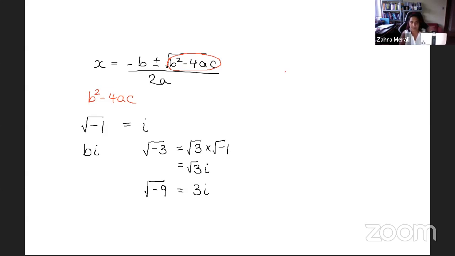So that's an imaginary number, and it's a different type of number. A complex number is a mix of an imaginary number and what we call a real number, which is what we're used to. So complex numbers are of the form a plus bi, where the a bit is the real part and the bi is the imaginary part.